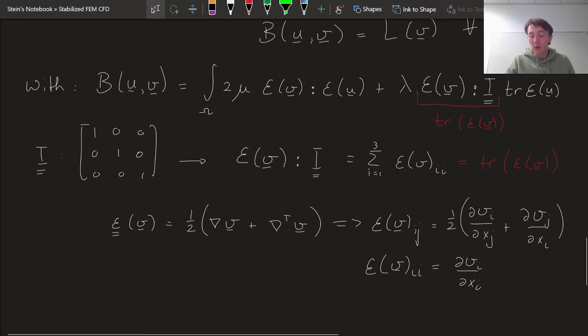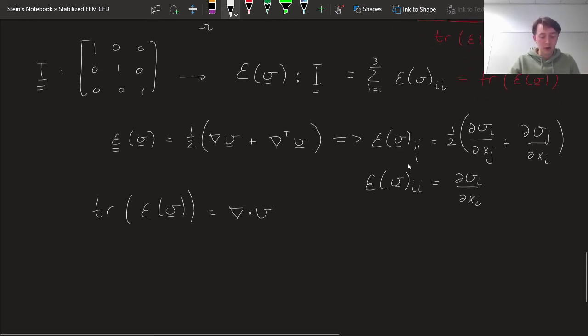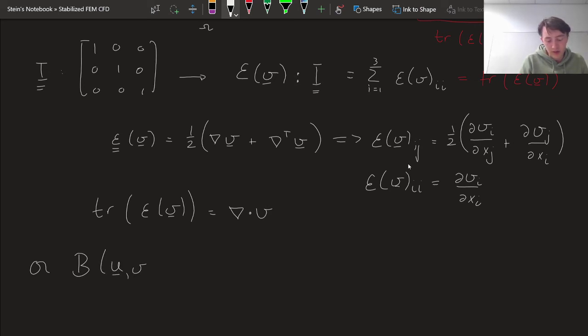If I now sum over all these indices, we get the trace of epsilon v equal to the sum of these partial derivatives, and that is exactly the definition of the divergence.